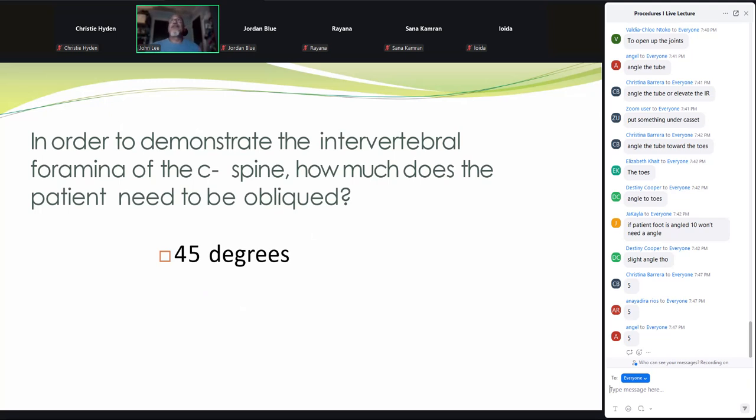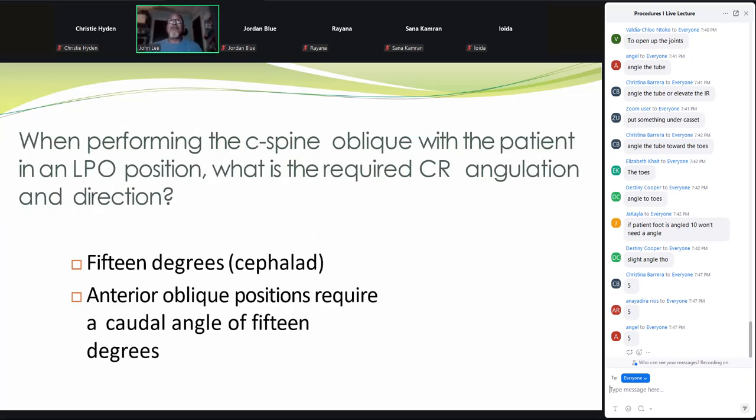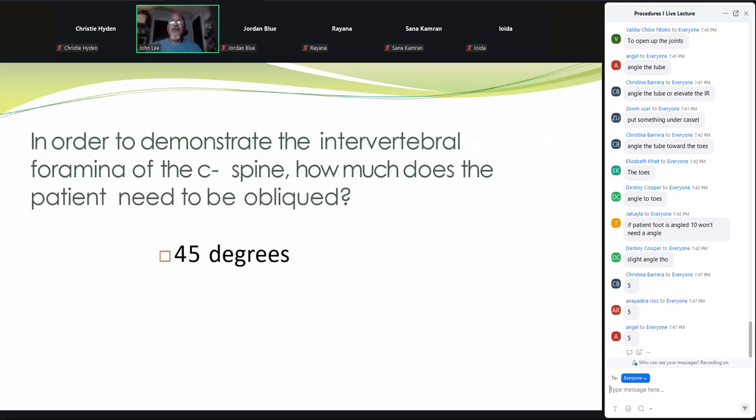In order to demonstrate the intervertebral foramina of the C-spine, how much does the patient need to be oblique? 45 degrees. Now, what Z joints are going to be visualized?